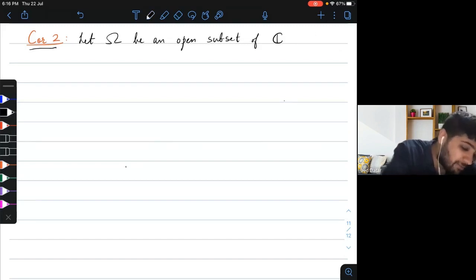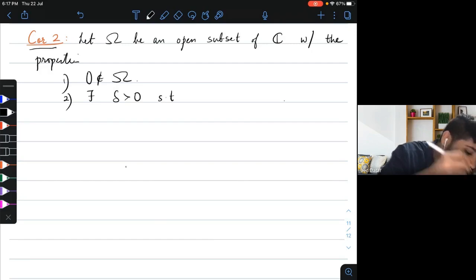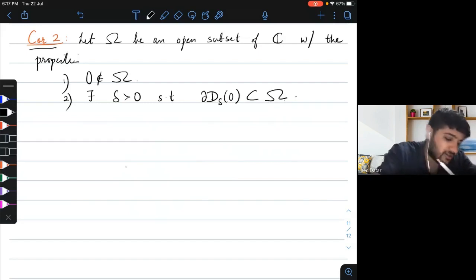So let omega be an open subset of C with the following two properties. The first property is I don't want the origin in omega, because I want to define a logarithm. The second property is that there exists a delta positive such that, you don't even need the full disk, if you look at the boundary of this disk, that is contained inside omega.